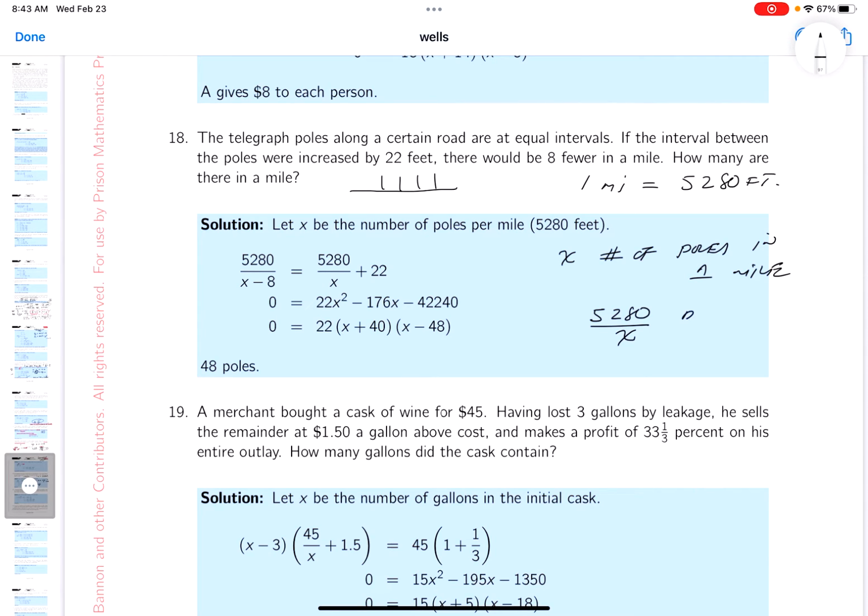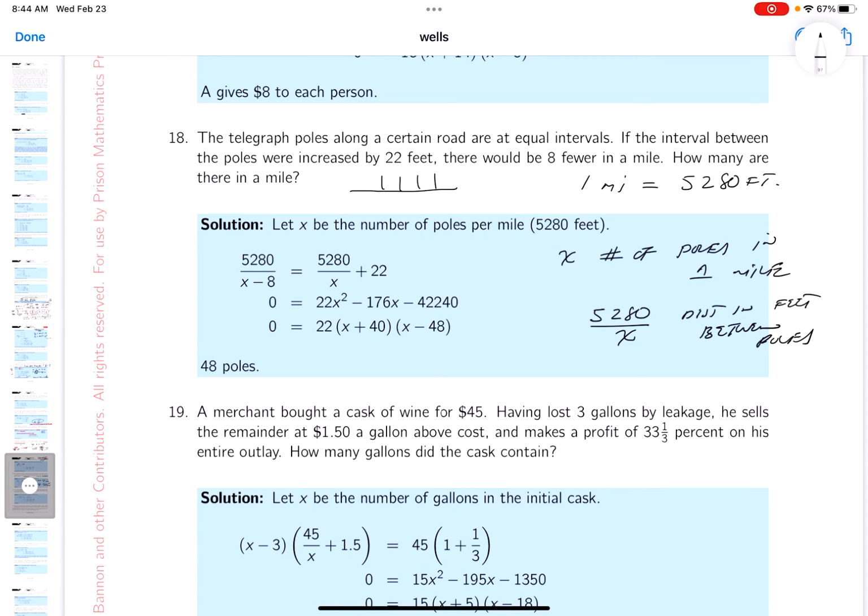This is the distance in feet. That's a distance in feet between the poles. X is the number of poles in 1 mile. 5,280 divided by x is the distance in feet between the poles. All right, let's take a look at it.